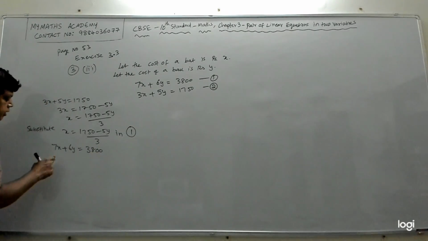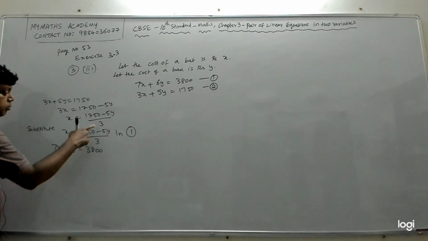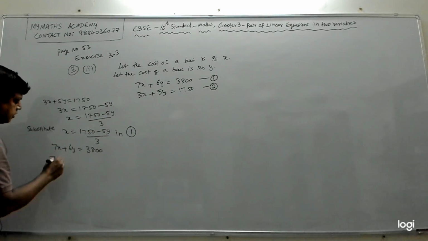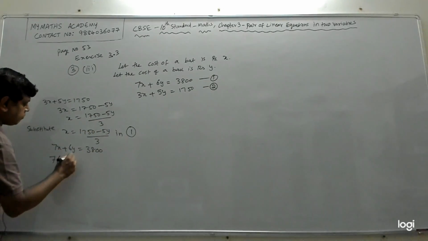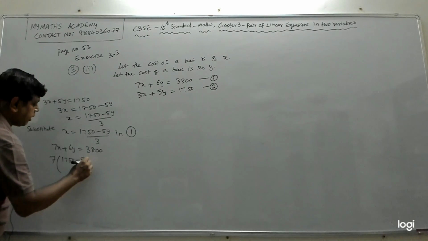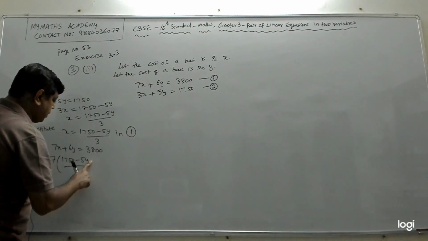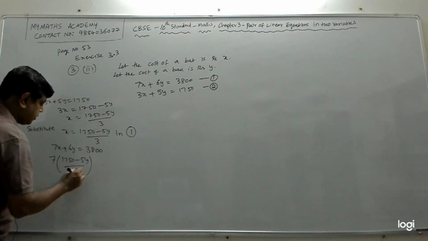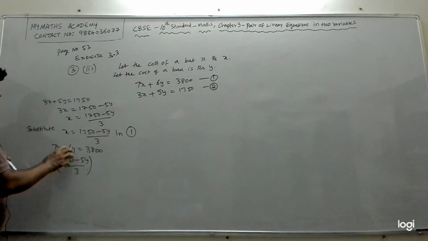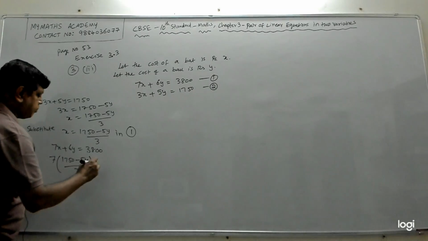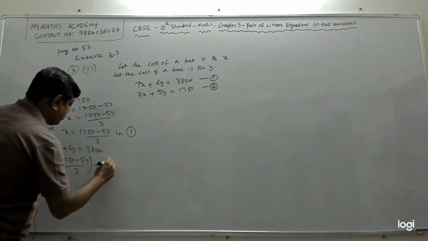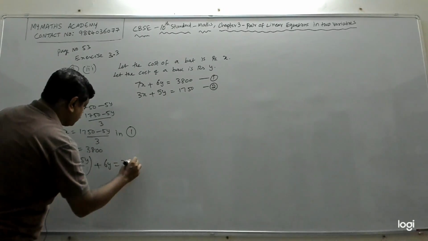Now instead of x, I am going to put this entire value in the place of x. So 7 into (1750 minus 5y) by 3. This is the value of x. This is 7x, so instead of x I am putting this entire value, plus we have 6y equal to 3800.